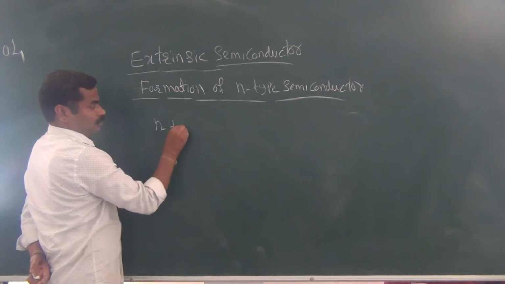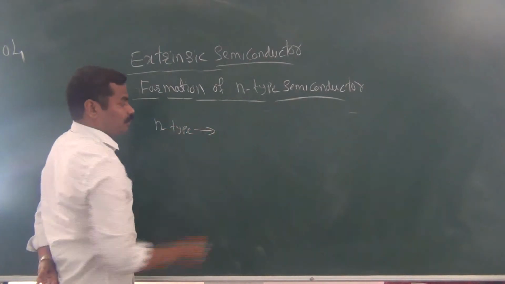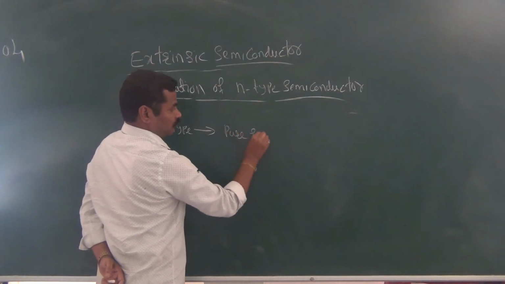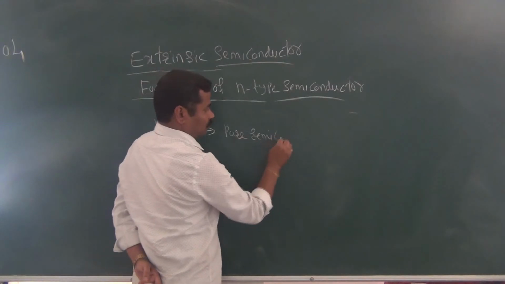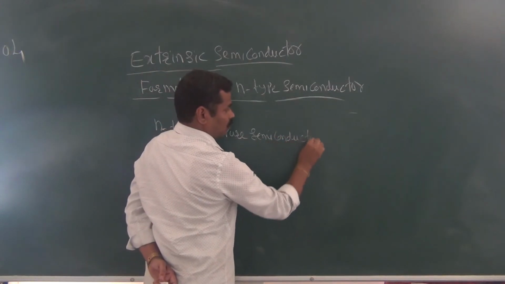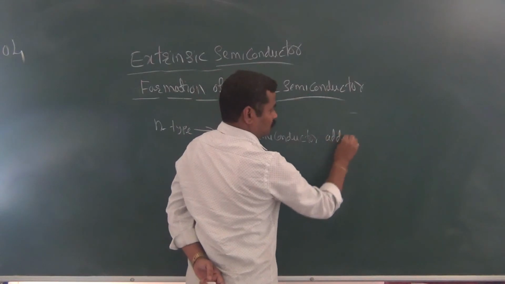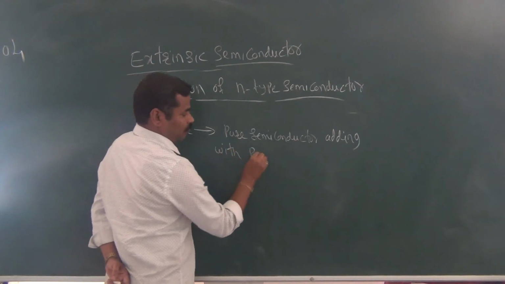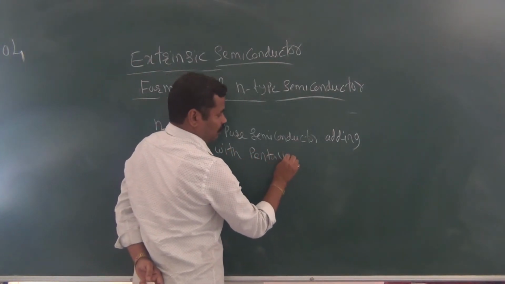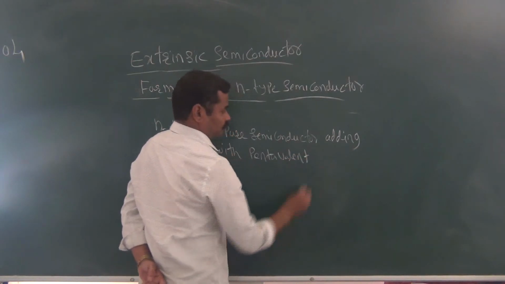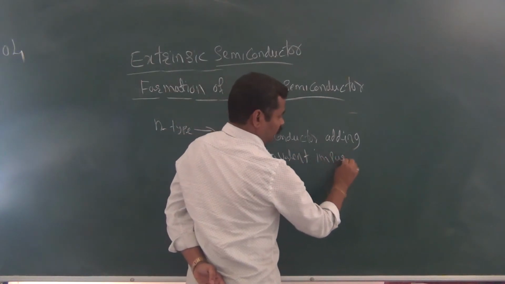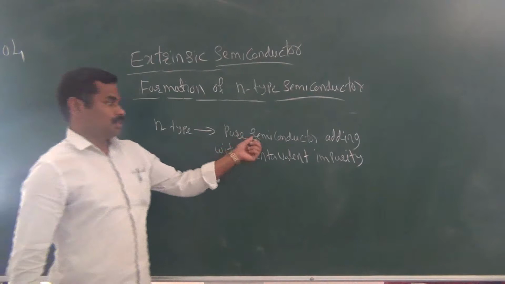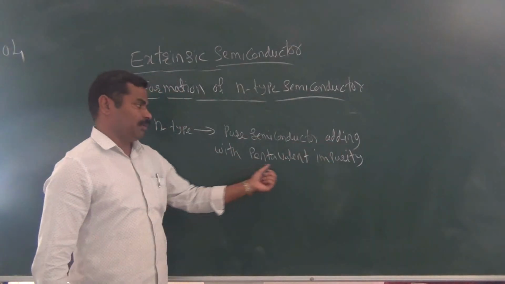N-type is nothing but a pure semiconductor adding with pentavalent impurity. That is nothing but N-type semiconductor. N-type semiconductor is nothing but a pure semiconductor adding with pentavalent impurities.